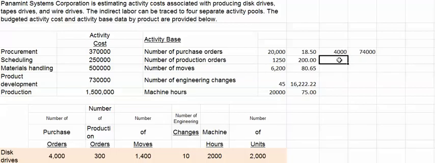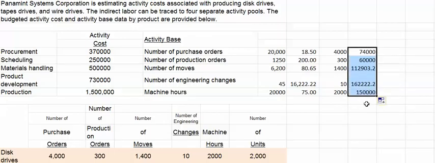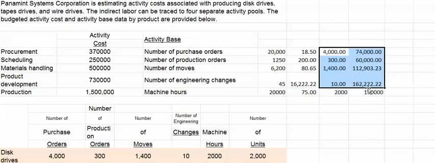I'm going to do the same thing with each one of these line items. And you can see where I'm grabbing these numbers from right here. Make my calculation, just copy my formula down, and just change my format.